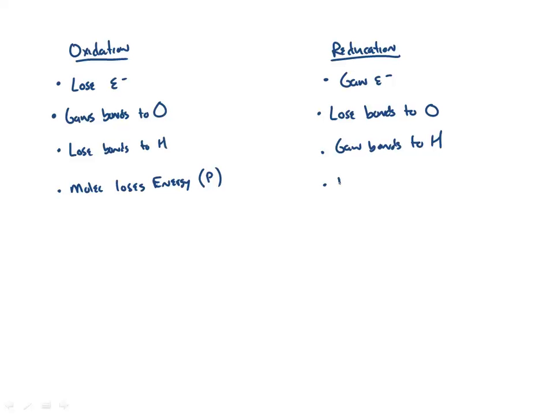And in a reduction, the molecule gains energy. Therefore, it shows up usually on the reactant side. And sometimes it literally will be energy. Sometimes it will be what I call energy equivalents, things like ATP and high energy phosphate bonds and substrate level phosphorylation and a bunch of stuff we'll learn after this.